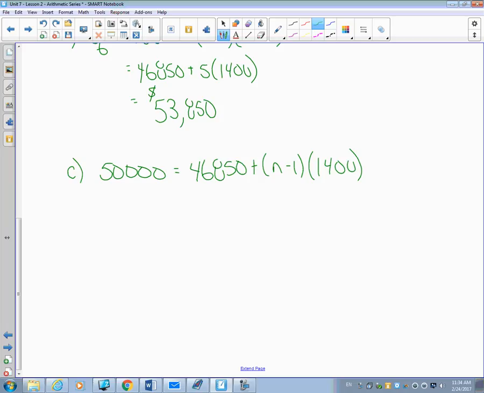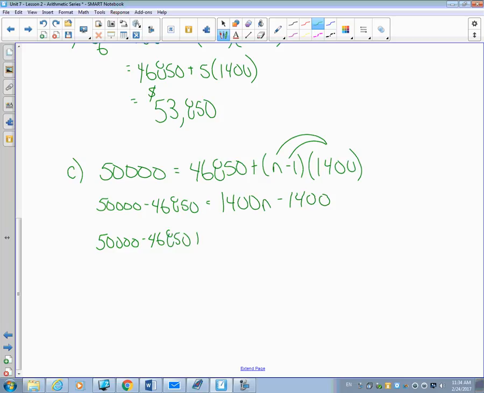Okay, we got to solve this equation. So 50,000 minus 46,850 equals, we're going to expand this, 1,400n minus 1,400. I can do some more rearranging here. So 50,000, 46,850 plus 1,400 equals 1,400n.